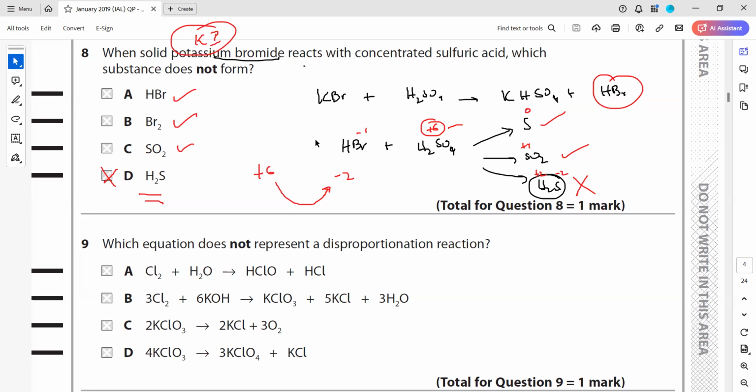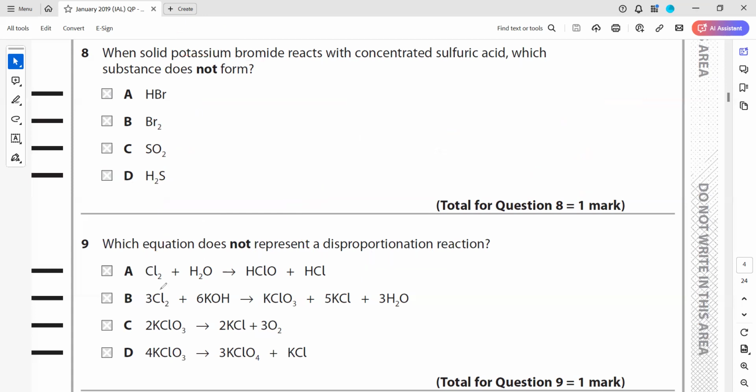Which equation does not represent this disproportionation reaction, means the same element is oxidized and reduced? Here chlorine is 0, hydrogen is +1, oxygen is -2, so chlorine should be +1. And here +1 and -1. So chlorine 0 becomes +1 and 0 becomes -1. So this is a disproportionation reaction.